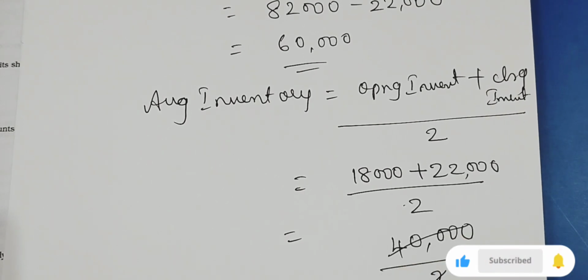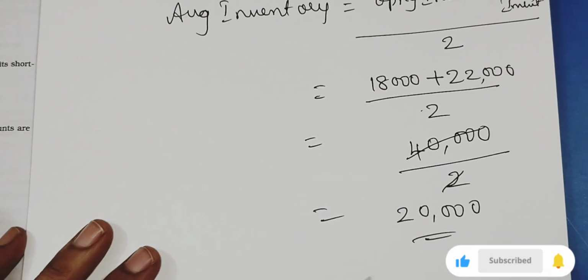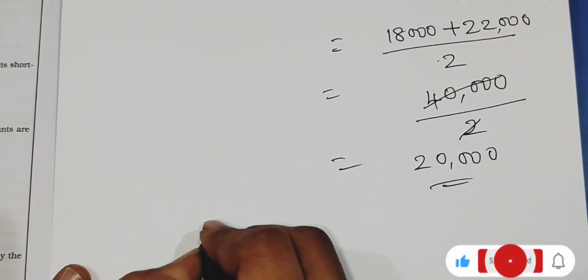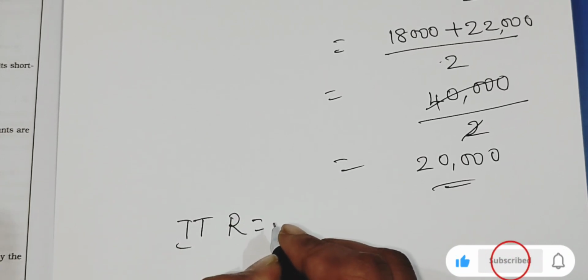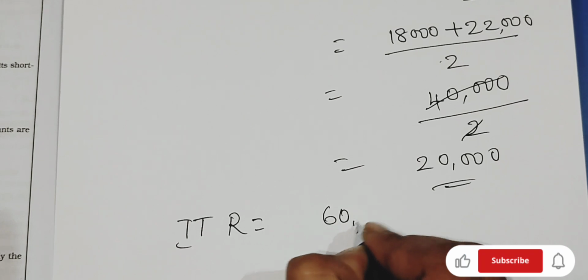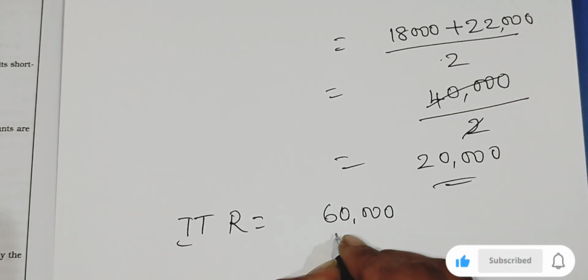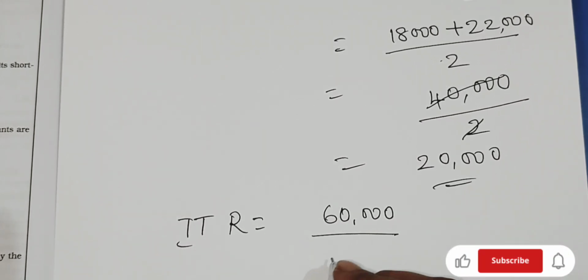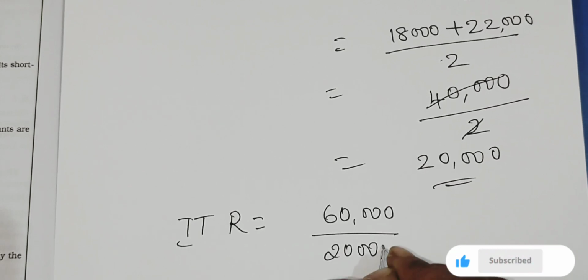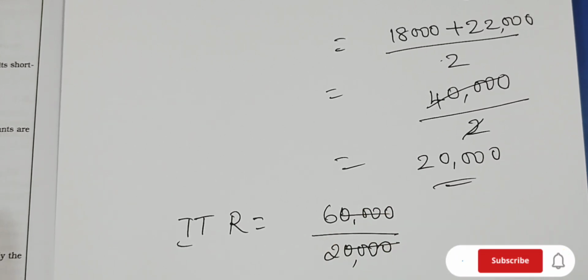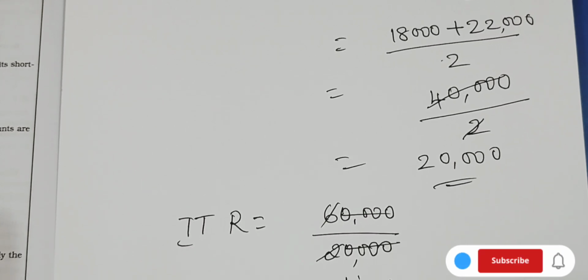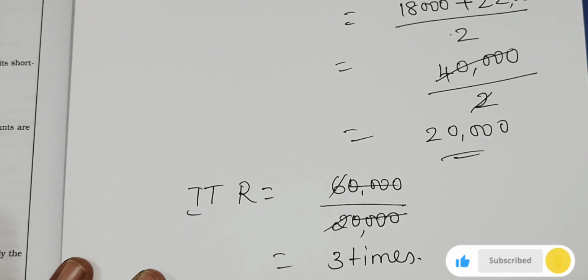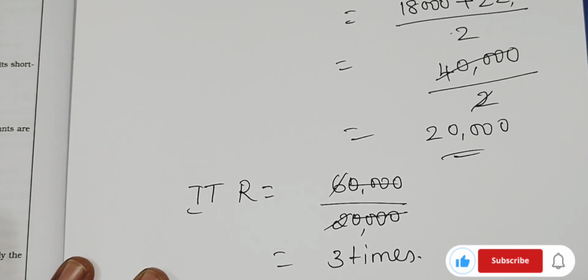So average inventory is 20,000. Now let us calculate inventory turnover ratio. Cost of revenue from operations is 60,000 divided by the average inventory is 20,000. So it is 3 times. Here always we are representing the ratio in times, 3 times.